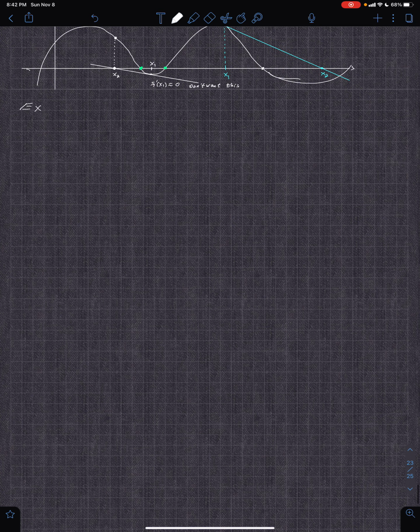Okay, so let's apply Newton's method to do this example. So use Newton's method to approximate, and this is just an example, say square root 7 to 5 decimal places.